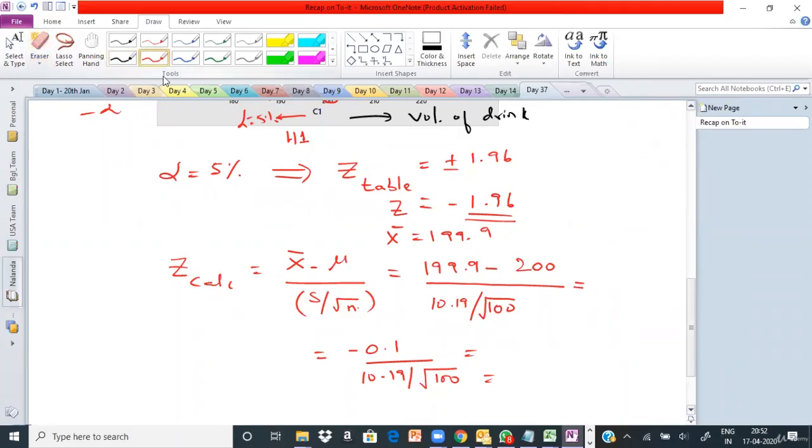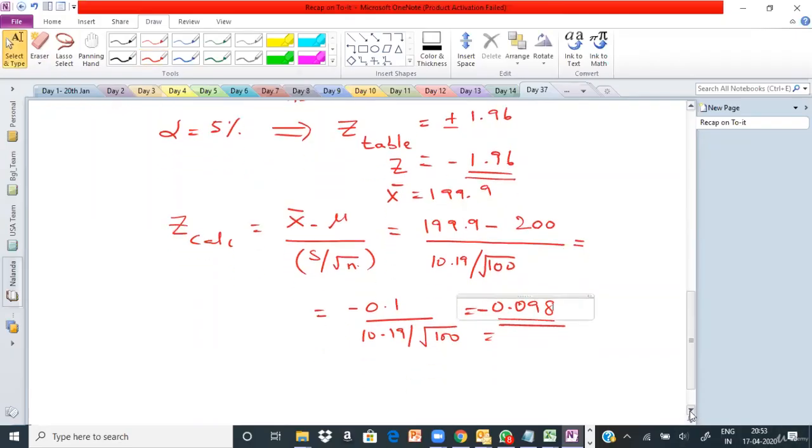Okay. So this is 0.098 minus. This is your Z calculated.